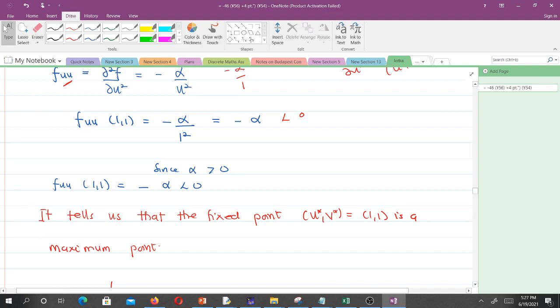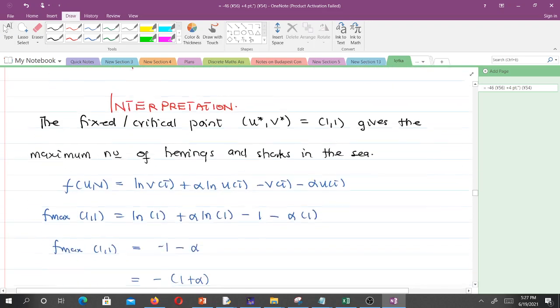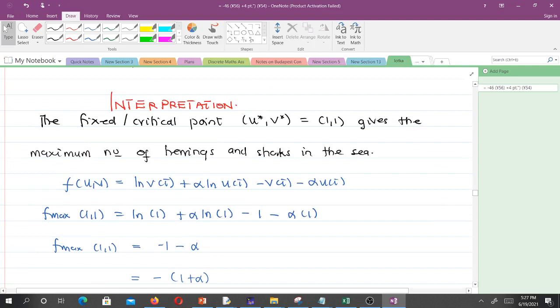Okay, so now we know that the fixed point that we found, u star, v star equals 1, 1, is a maximum point. So this is the interpretation. The fixed or critical point u star, v star equals 1, 1 gives the maximum number of herrings and sharks in the sea, right?